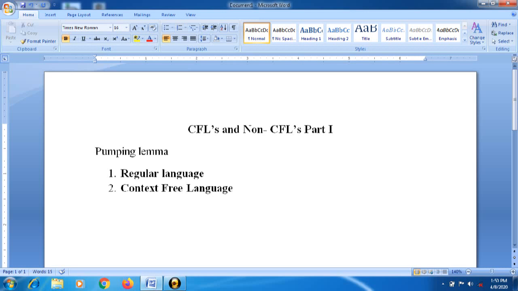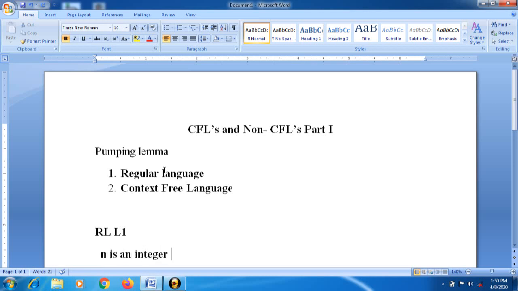For any regular language, suppose we are considering regular language L1, there exists an integer n.